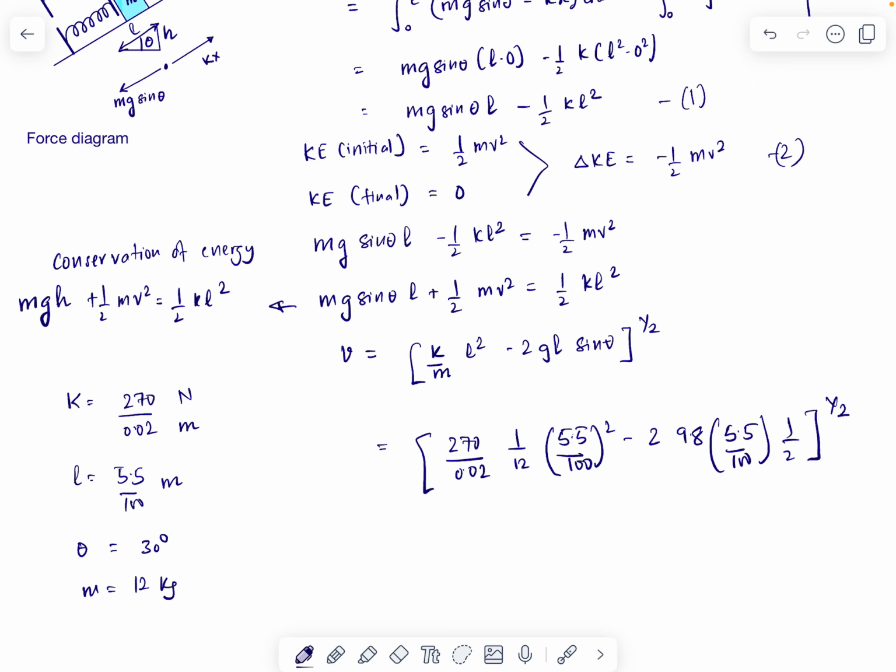So if we do that, we get approximately 3.4 minus 0.539. Take the square root of that. You get approximately 1.7 meters per second.